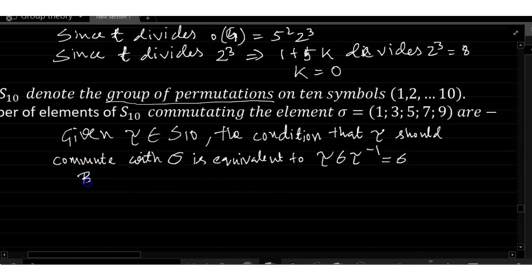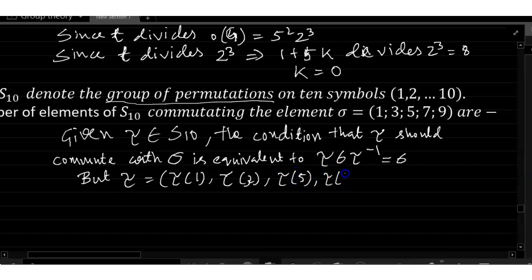But tau 1, tau 3, tau 5, tau 7 and tau 9 equal 1, 3, 5, 7, 9.